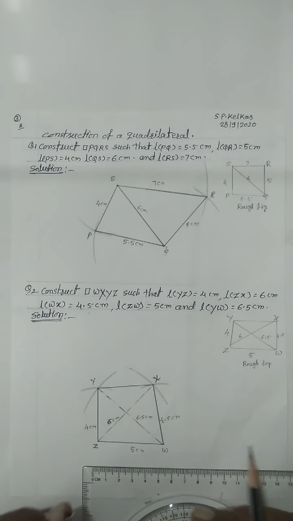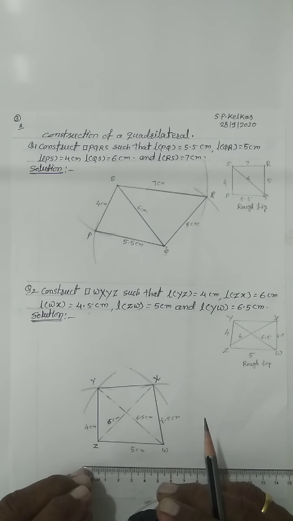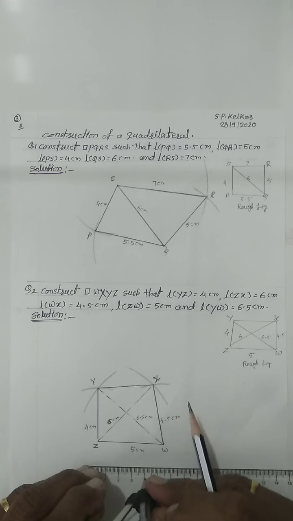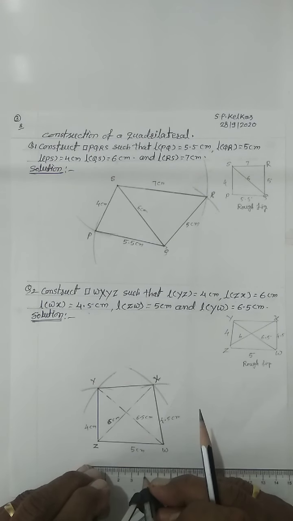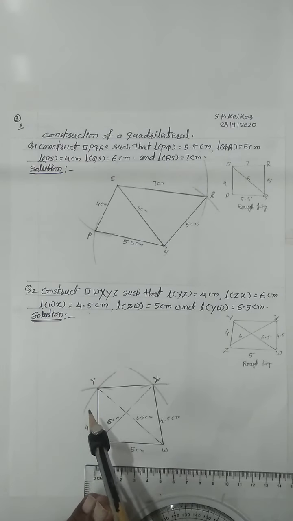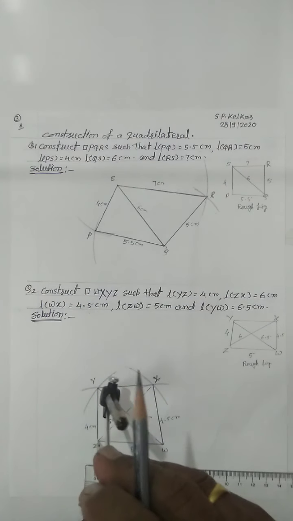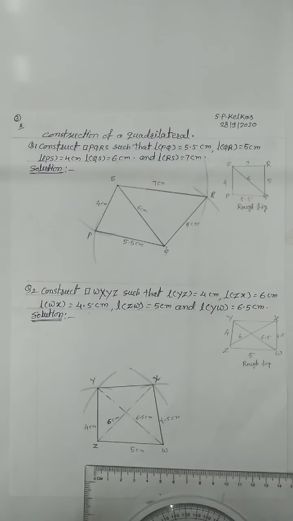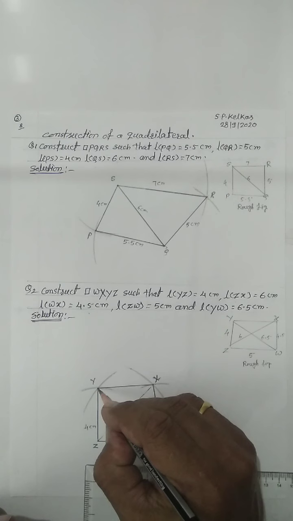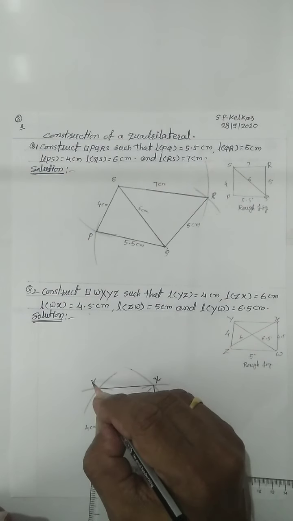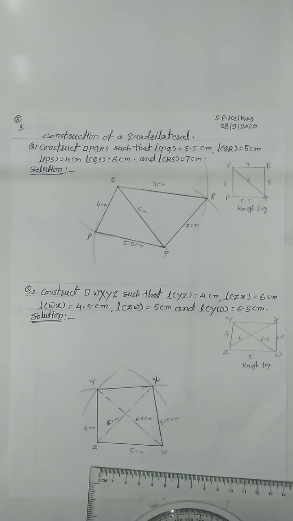Then take a distance 4 centimeter, that is the length of side, and draw one arc from Z. Then we get one intersecting point, that point is Y.